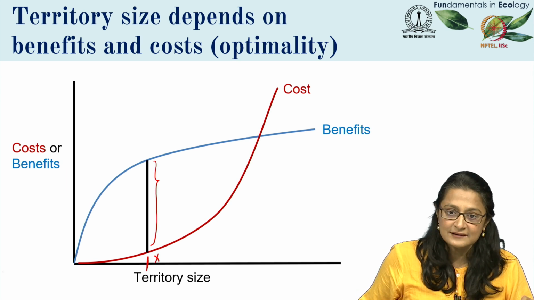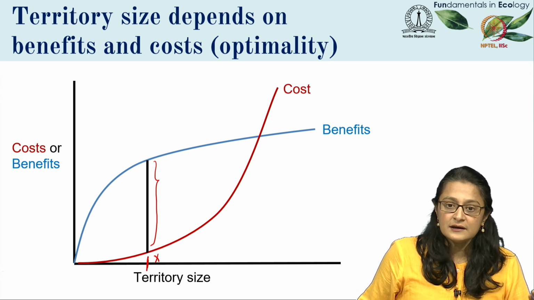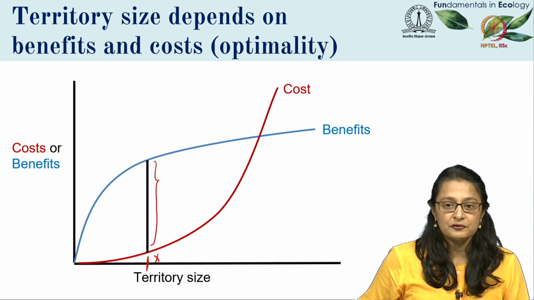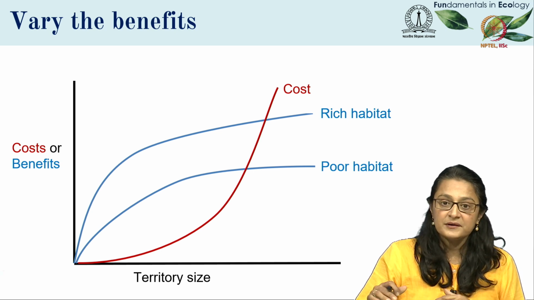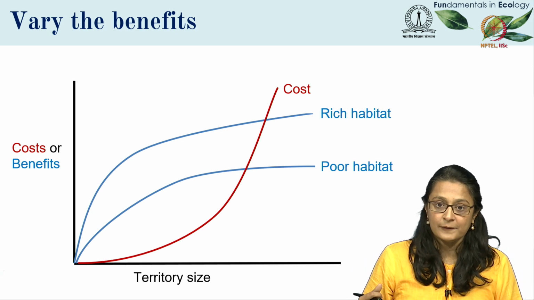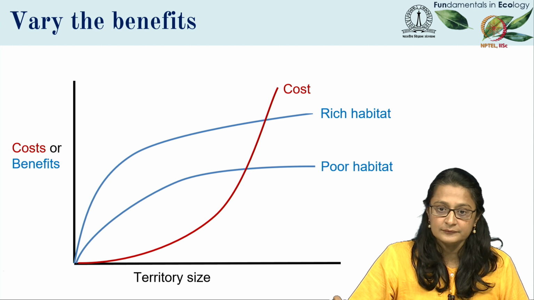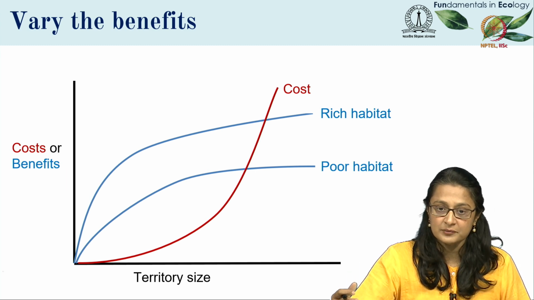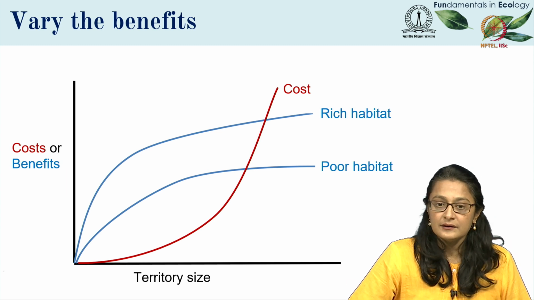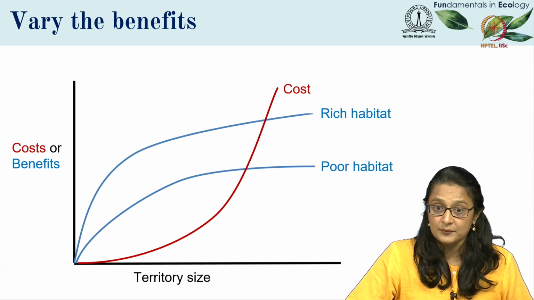Now we can use this to think about the environment and the ways that different things can change. We can imagine a scenario where habitats are either rich or poor. The cost curve is the same, which means that to defend a territory, all that energy and time spent is reflected in the same curve.